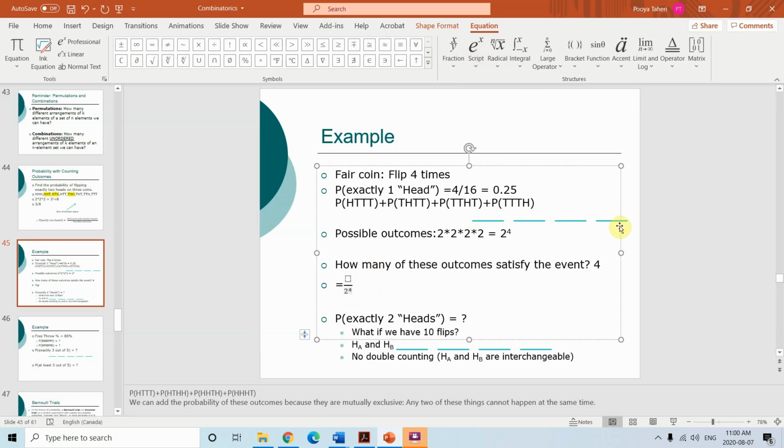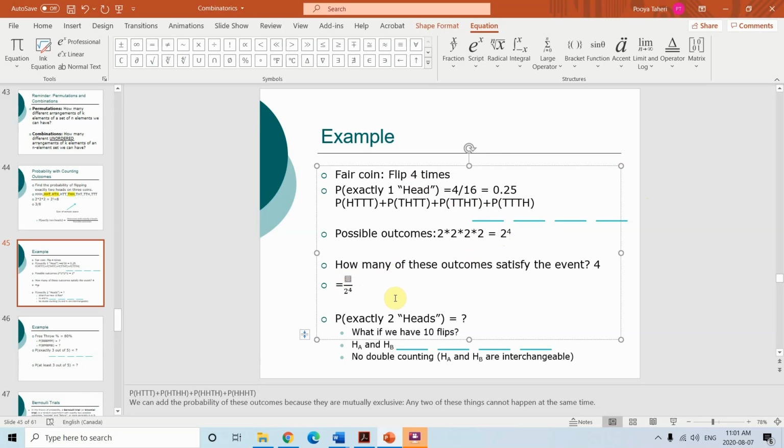And if you want exactly 1 head out of these 4 flips, this is basically choosing one of these places as the place for the head, and the rest of them have to be tail.